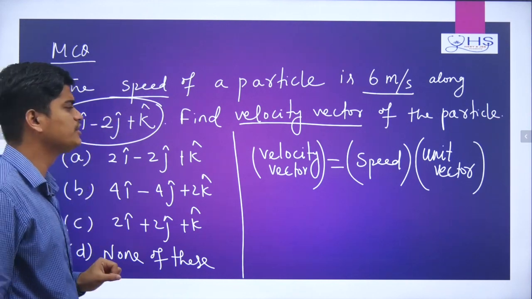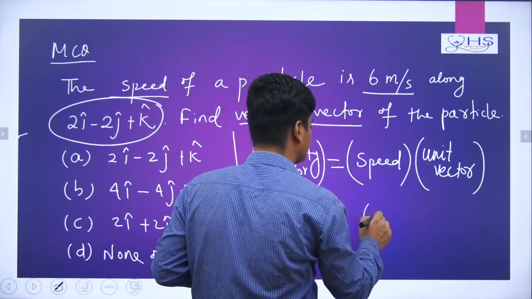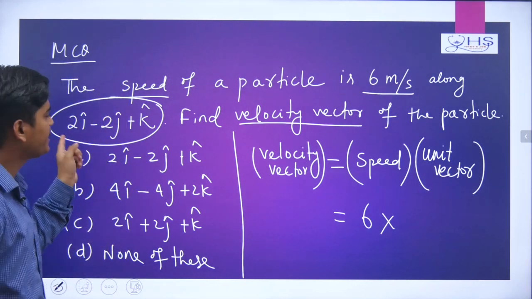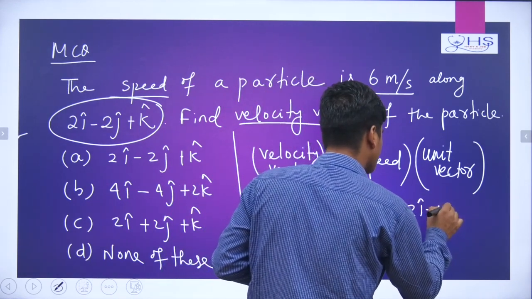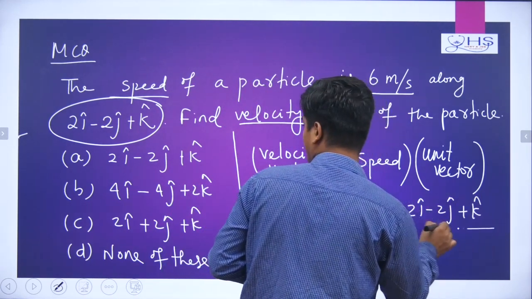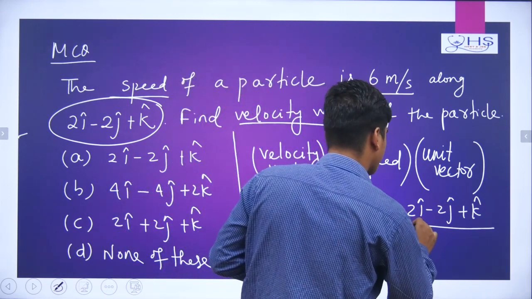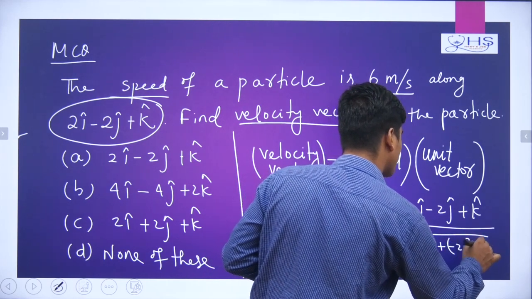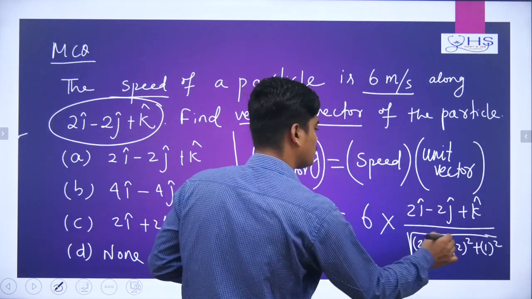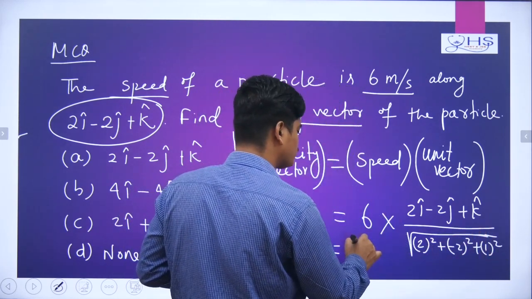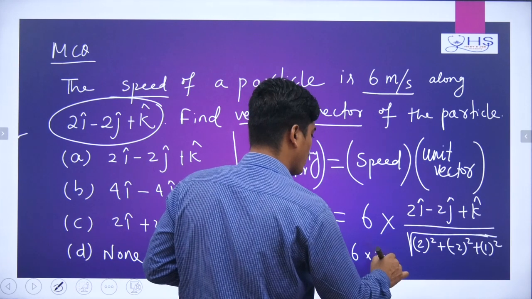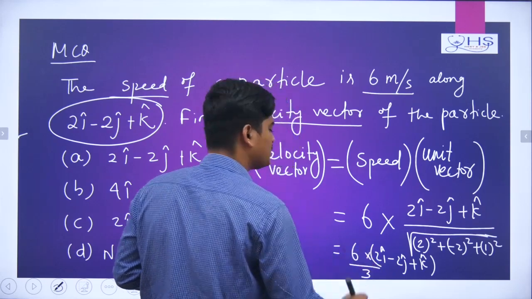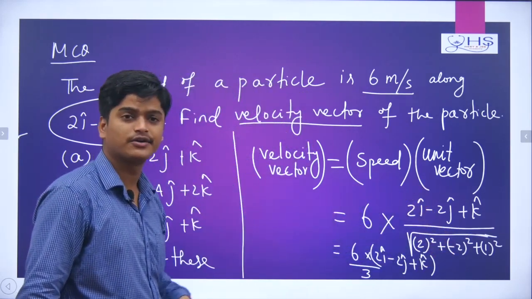Put 6 here: 6 into the unit vector, which is 2i minus 2j plus k divided by the magnitude of this vector. The magnitude is the square root of 2 square plus minus 2 square plus 1 square. So it is 6 into 2i minus 2j plus k divided by 3, because the magnitude comes to root 9, which is 3.